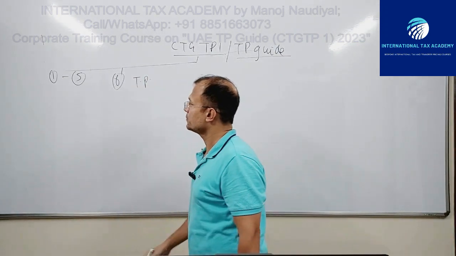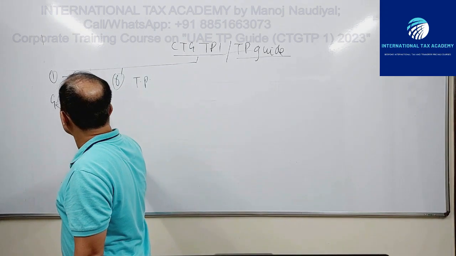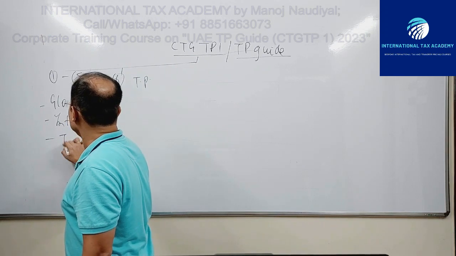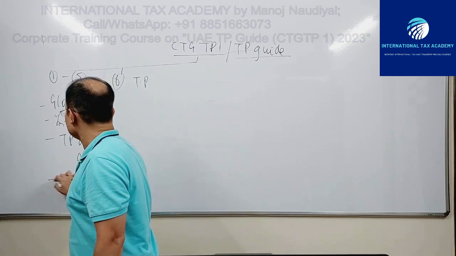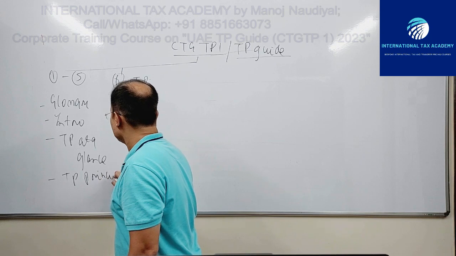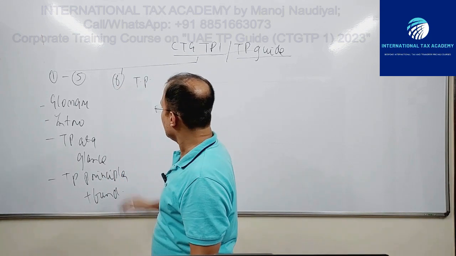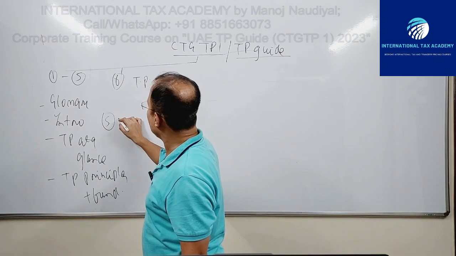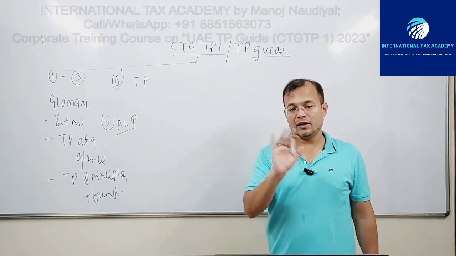The first section was the glossary, then you have the introduction, then TP at a glance, then TP principles and fundamentals, and then the fifth was application of the arm's length principle. So this much we had completed in the first video.